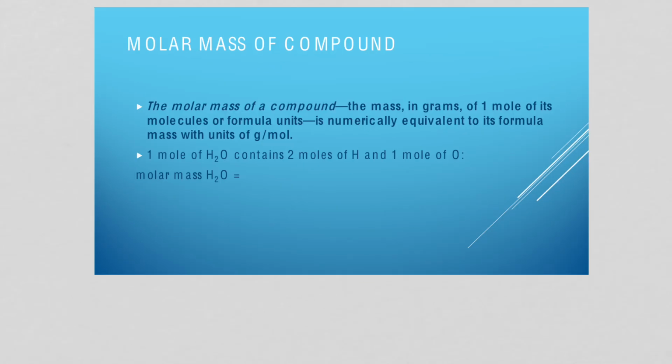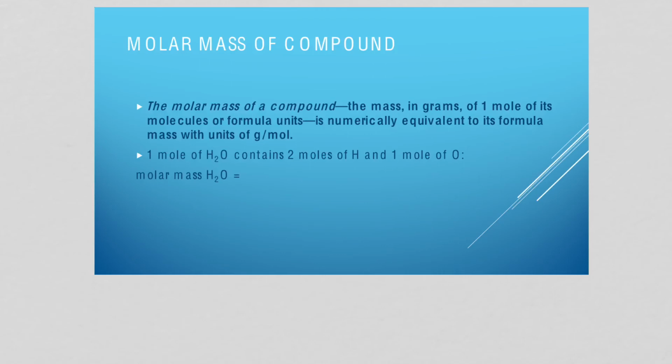Now, of course, all of these ideas can be applied to molecules as well, and compounds, right? So just like a molecule has the formula mass, as its equivalent to the atomic mass of an atom, there's also molar masses of a compound.